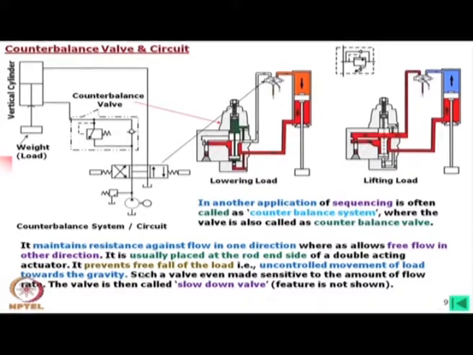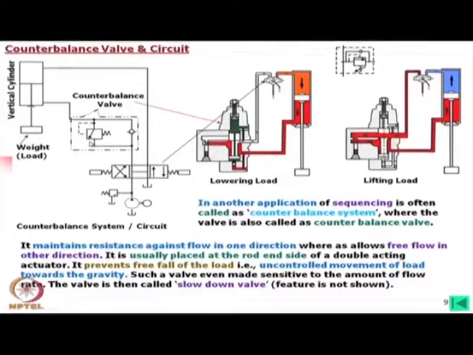Now, it is also possible that while we are using this valve, we can use another valve called a slow down valve, but the feature is not shown. In that slow down valve there is a spool that, with the increase in velocity, will experience a load, and that will close the path.